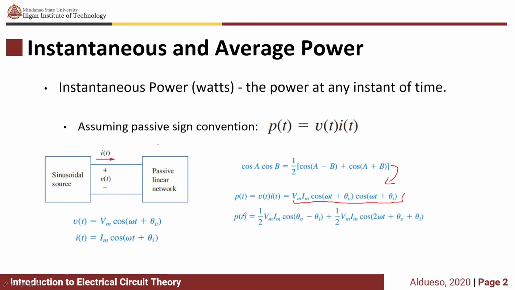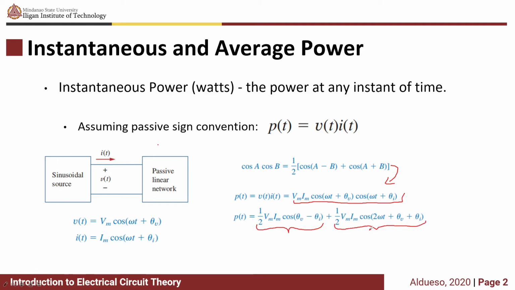As you can see, the instantaneous power has two parts. The first term is time independent, and it only depends on the cosine of the difference between the phase angle of the voltage and the phase angle of the current.